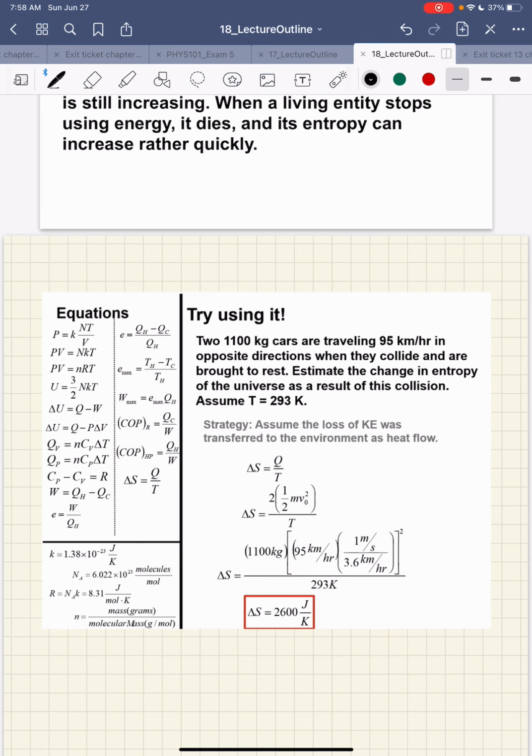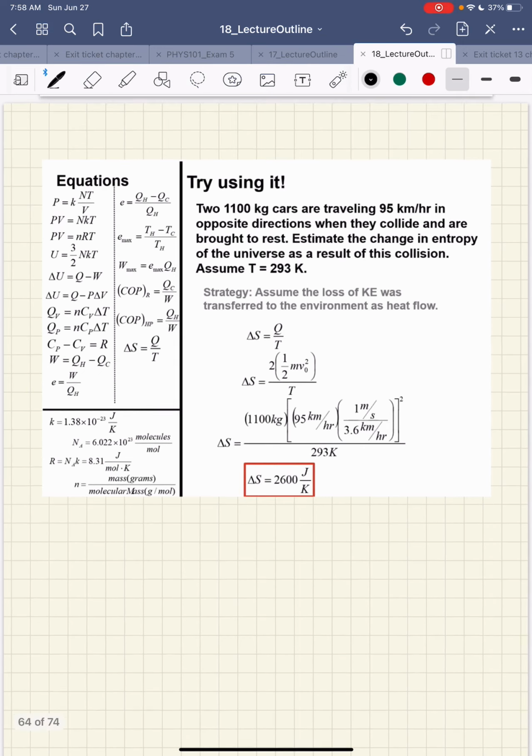Now assume the loss in kinetic energy was transferred to the environment as heat flow. Then we will say that ΔS equals 2, because we have two cars, times 1/2 m v0 squared divided by the temperature, and this is going to be the change in the entropy of the universe.